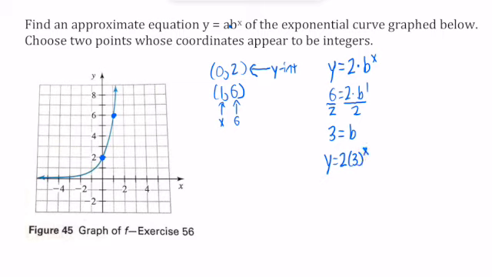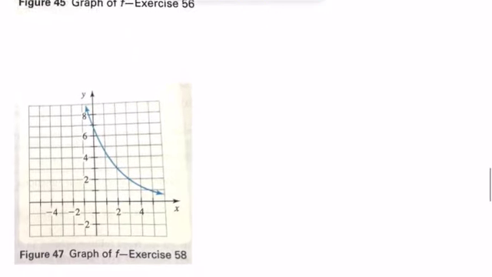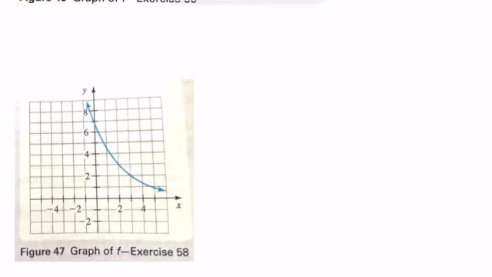raised to the x. Our next problem is going to have some different steps. Looking at this graph, the only 2 points I can see that this graph appears to fit almost exactly are here and here. So we have the point 2, 3 and the point 3, 2.